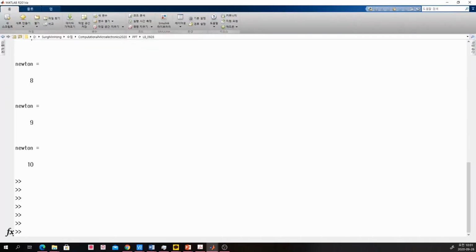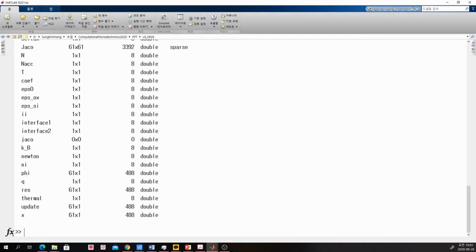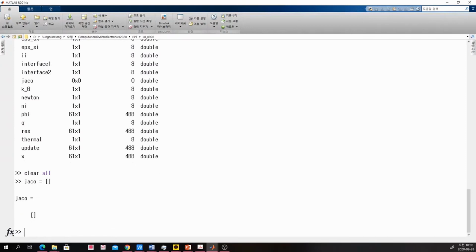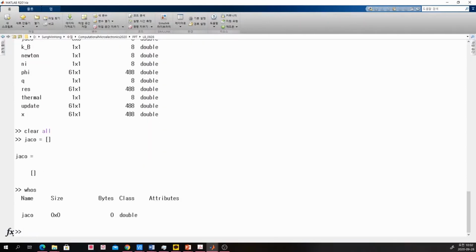Why don't we just do it together? Let's clear all. Let me repeat again. When we set Jaco, and look at it, its size is 0 by 0.